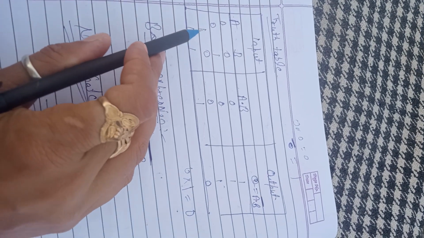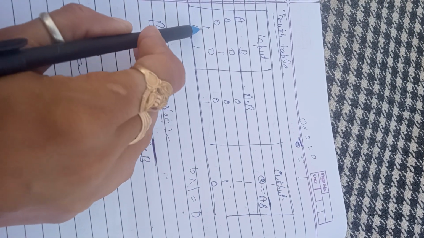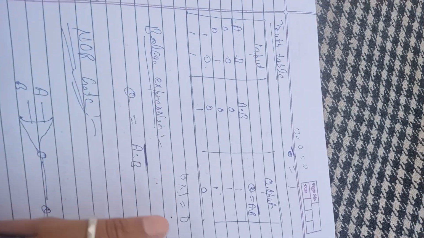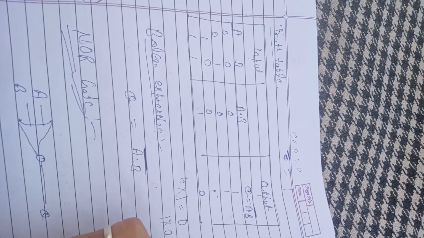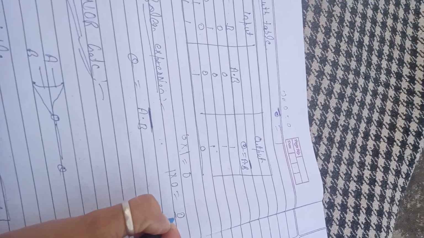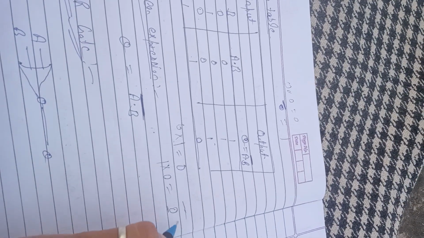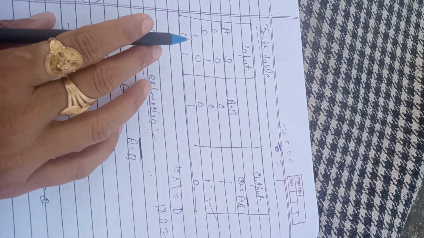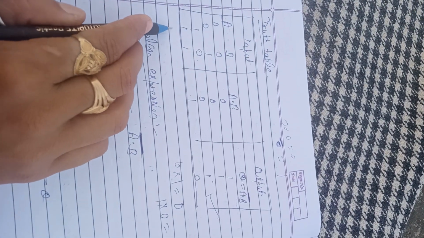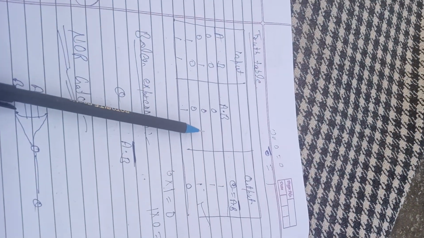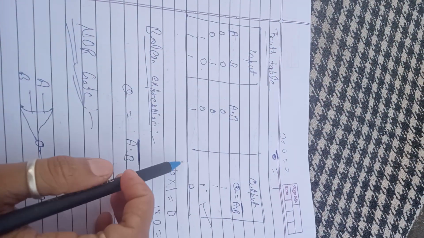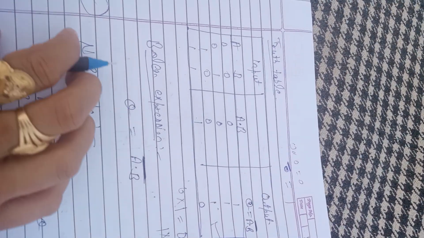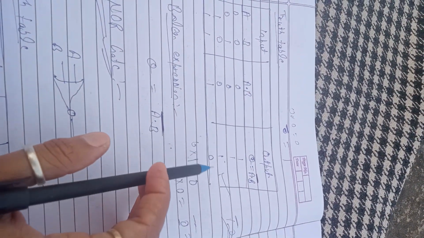In the similar way, when we apply input 1 and the next input 0, 1 multiply 0 is equal to 0, the bar of 0 is equal to 1, so it gives 1. Now in the next case, when we apply input 1 and the next input 1, then A dot B is equal to 1, the bar of 1 is equal to 0, so we can say that Q is equal to 0.